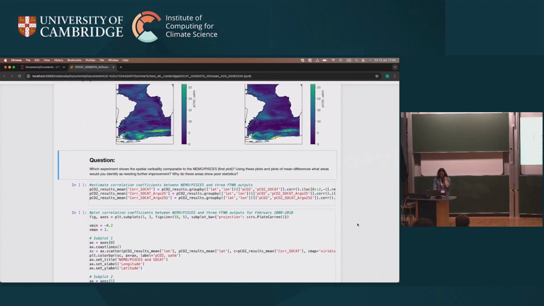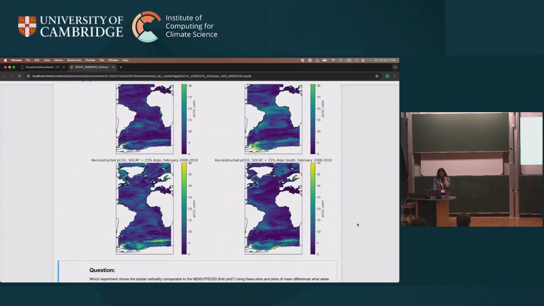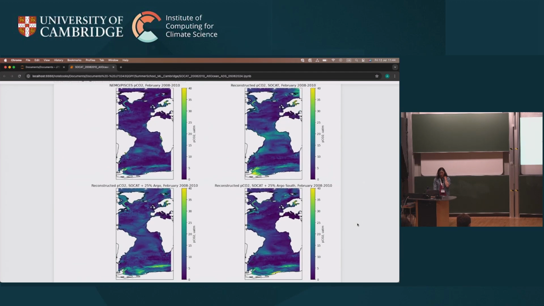And still, if it was up to you to make a decision, just based on this mean difference and this standard deviation, what would you advise for deployment of Argo profilers? Sorry?